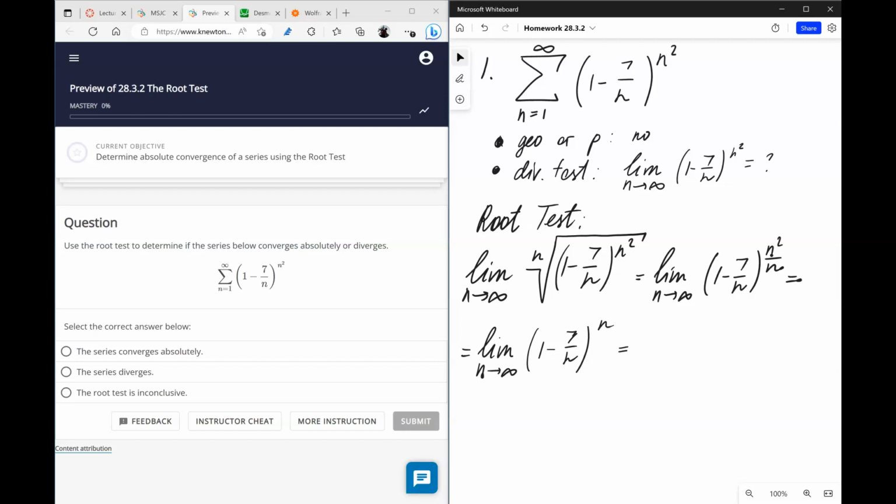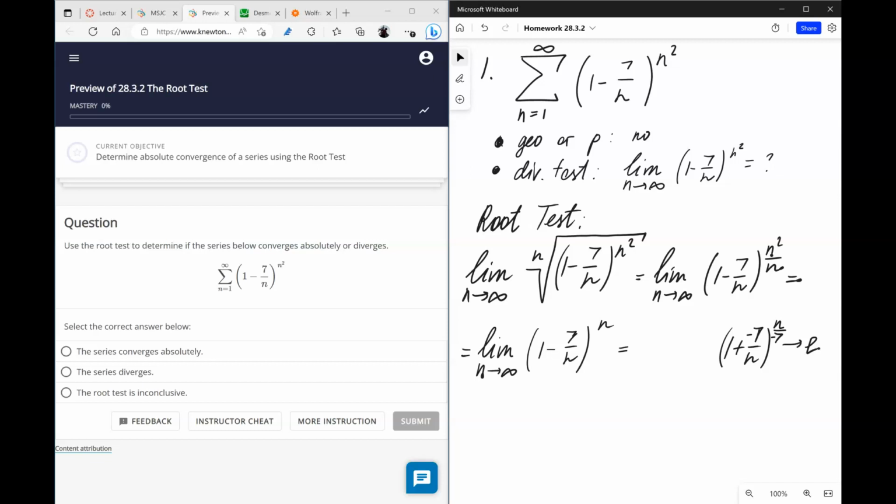There is a pattern that you probably want to remember here: 1 plus 1 over n to the power n approaches e. But instead of n, you can have anything. So if you have 7 over n here, then just put over 7 here. And if you have minus here, then just put minus there.